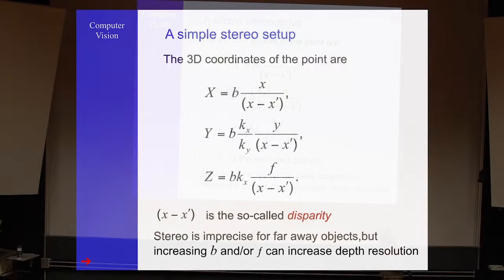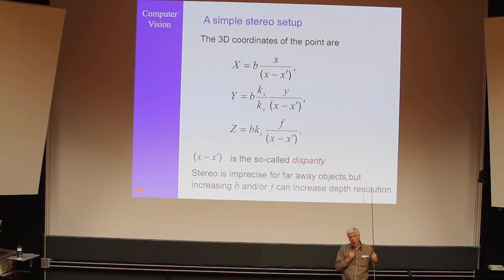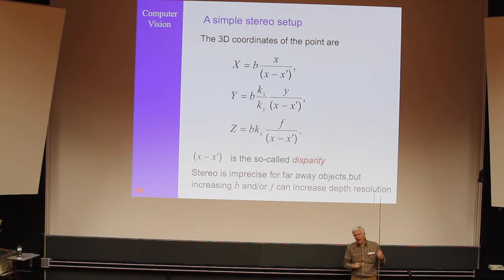Now, if x minus x prime, the disparity, is small, then following that relation, z must be very large. So that happens for objects at a large distance from the stereo setup. On the other hand, if a point would start to move closer and closer to your stereo system, the disparity would start to increase.